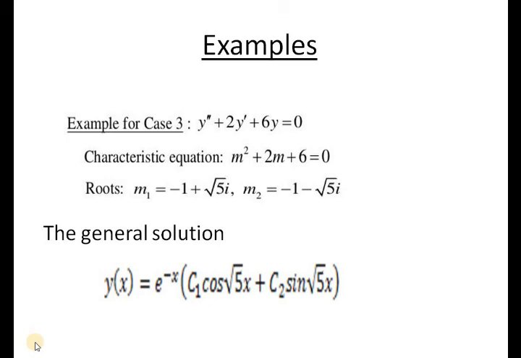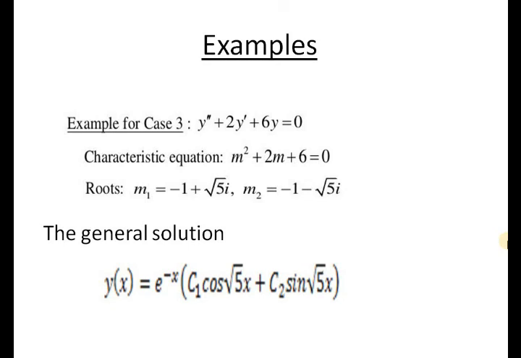Now we look into an example for case 3. The differential equation is y double dash plus 2y dash plus 6y equal to 0. Then the characteristic equation is m square plus 2m plus 6 equal to 0. Solving the characteristic equation, we get the roots m1 as minus 1 plus root 5i, and m2 as minus 1 minus root 5i, which are complex roots.